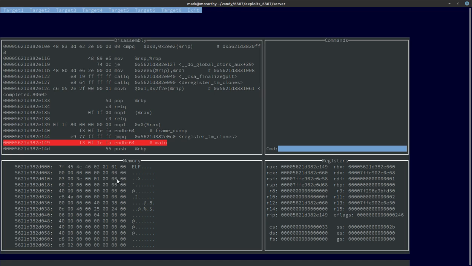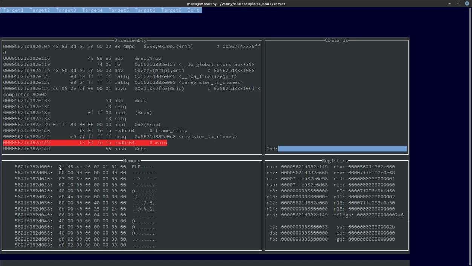So one way that this has been attacked is that you can create what's called a no-op sled, where in your input there's an instruction that means no-op.